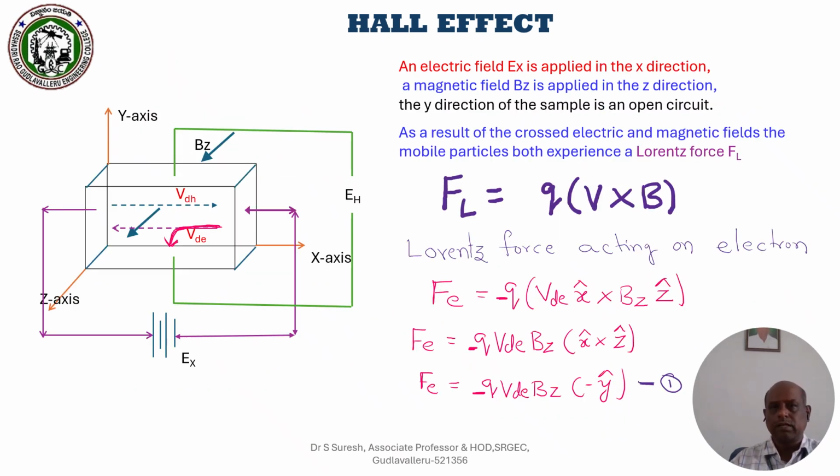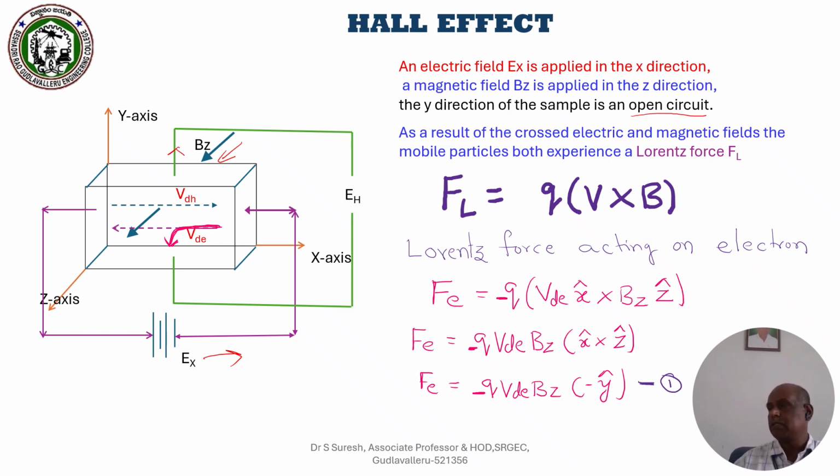On applying electric field along the x-axis and magnetic field Bz along the z-axis, that means we are applying electric field and magnetic field both simultaneously to this semiconductor sample. And the y direction is an open circuit.